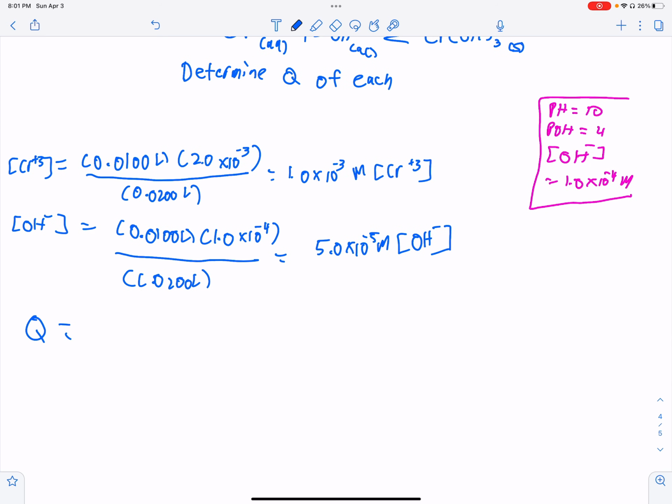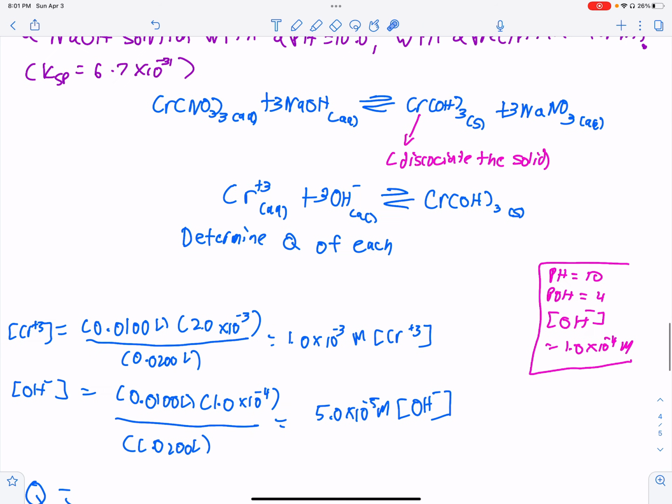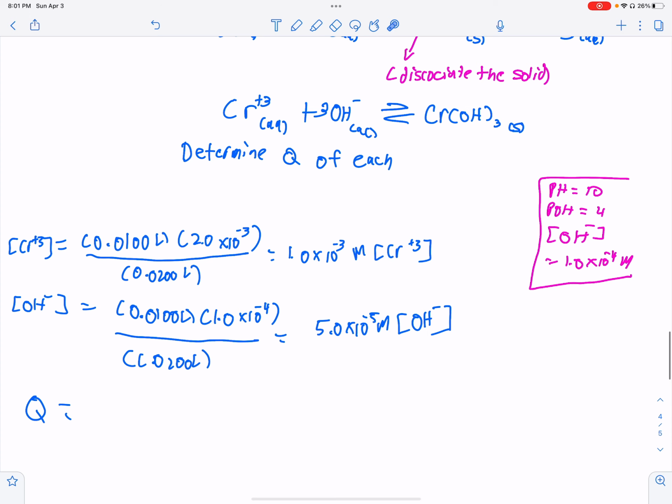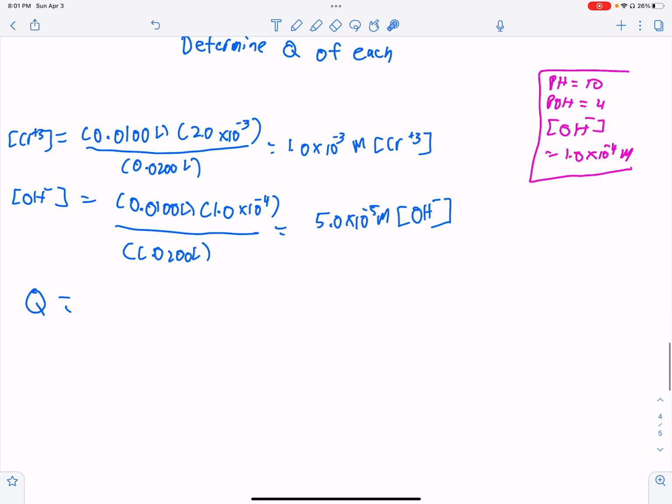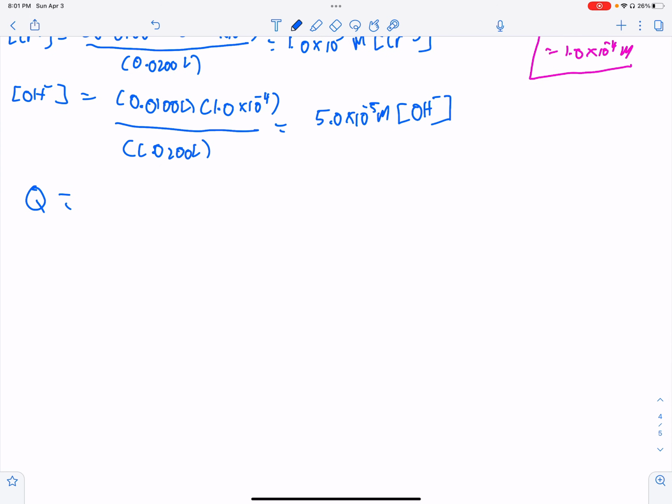Remember, Q is just products over reactants. But like I said, we don't have a concentration of this chromium hydroxide initially, so similar to the KSP, we don't have to do a reactant calculation. So it can just be the chromium times the hydroxide ion concentration for our Q, because we don't need to worry about the concentration of the chromium 3 hydroxide itself.